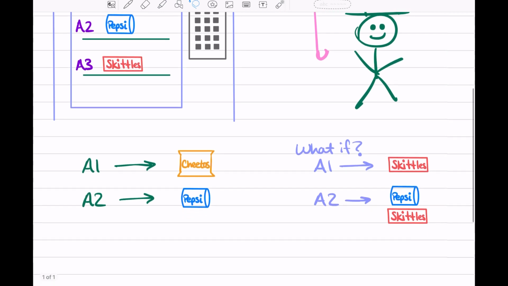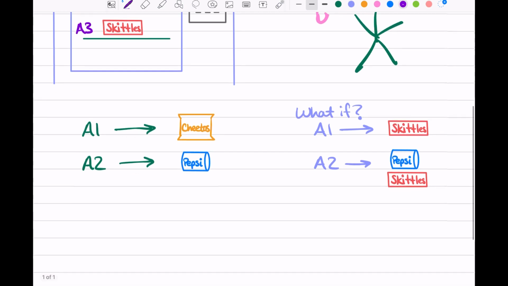So what we have on the left, this idea over here, is what we want. We want to type in A1 and just get our Cheetos. We want to type in A2 and just get our Pepsi. We don't want any Skittles. So that is our idea of a function.